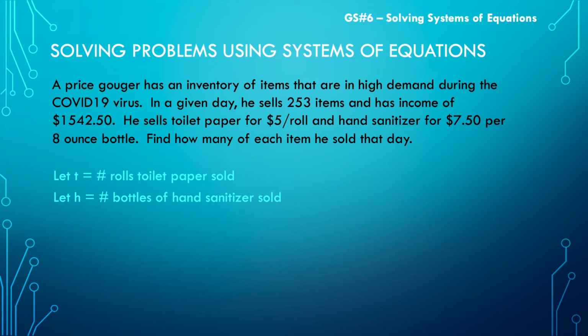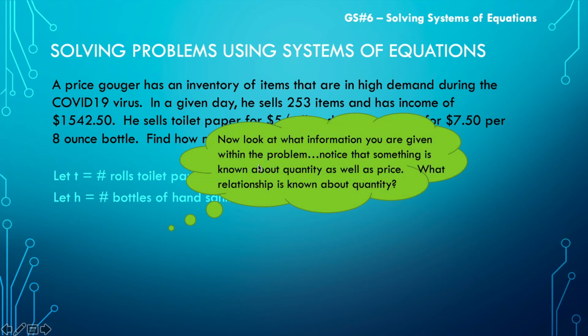You can notice that we've got a couple of different classes of information, right? One of the classes is quantity. We have quantity here with 253 items. If I am interested in knowing how many of each item, and he has a total of 253 items he sold that day, I can set up an equation that models that relationship.